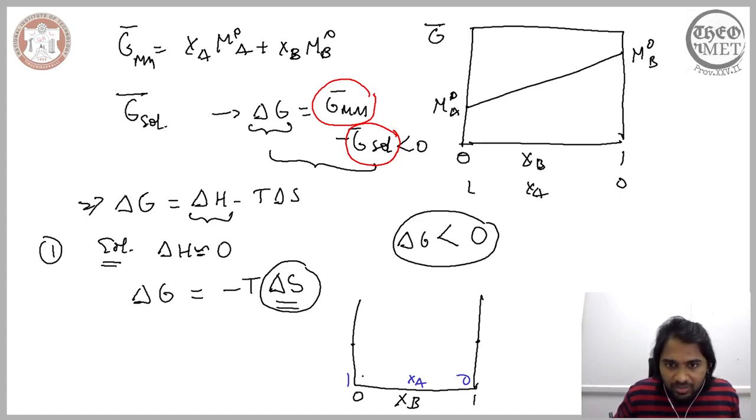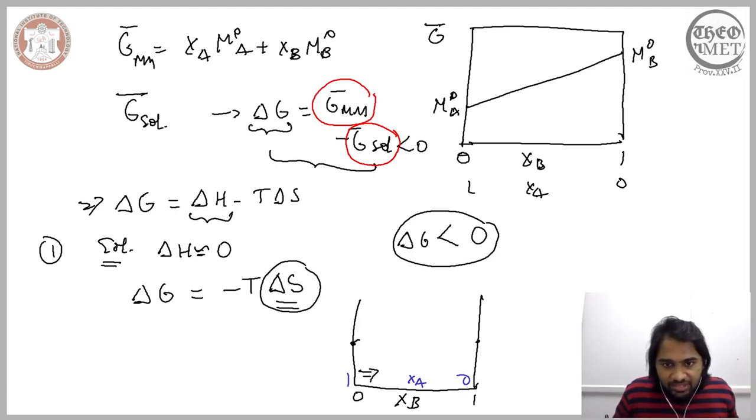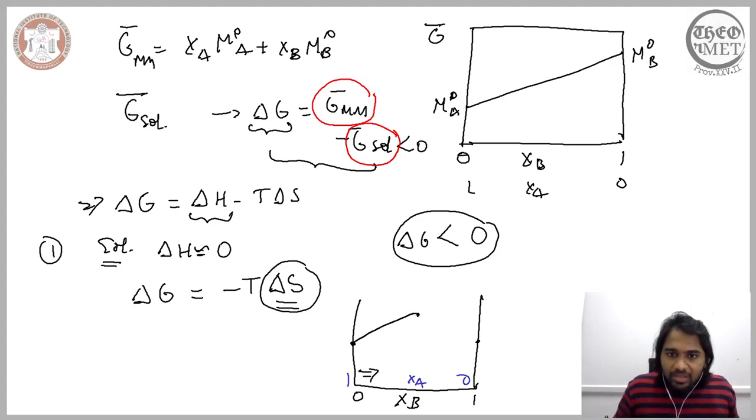So when we move along this direction, to pure A we are introducing B. Therefore the randomness increases and it keeps on increasing till a particular point, and after that point it begins to decrease.